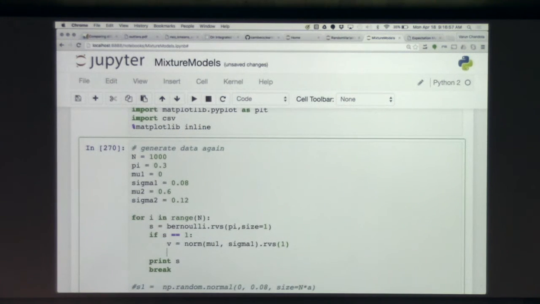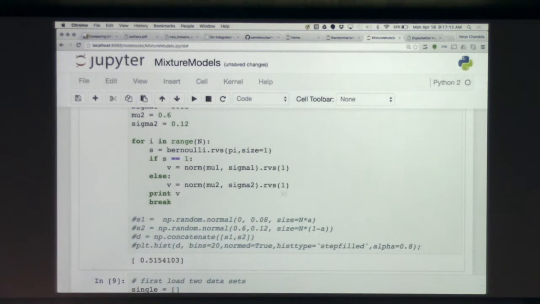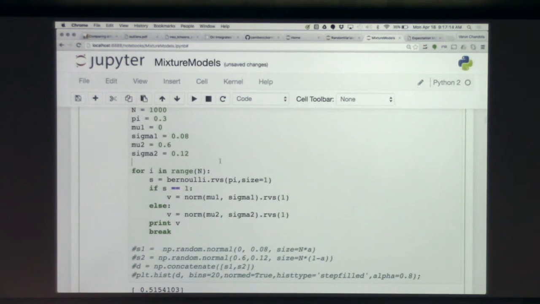And else I will choose from the other one. So every time it gives me this, and then what I'll do is I'll create an empty samples, and I'll keep appending it to samples.